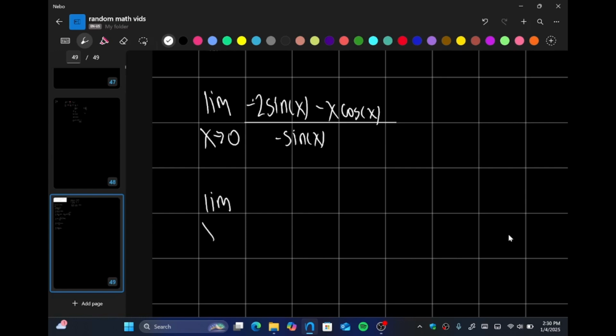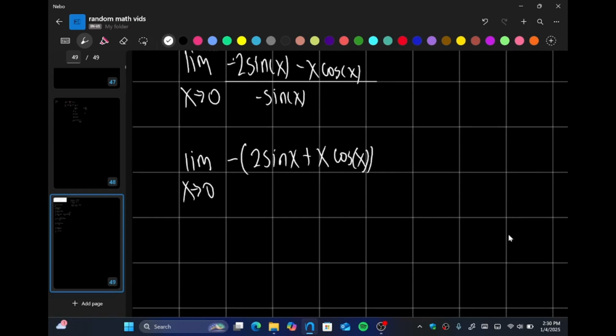Limit as x approaches 0 of negative the quantity 2 sine x plus x cosine x. So you're just factoring the negative out. Okay, guys? And then over negative the quantity sine x. So now take these two negatives out.